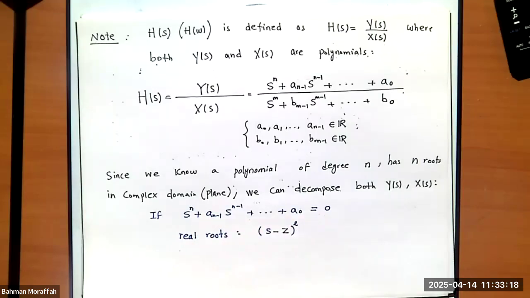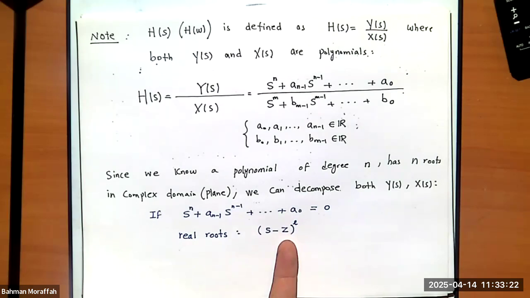These coefficients are real coefficients. So if I have z here, which is a complex number, I must have its conjugate as a root to make sure all these coefficients remain real.